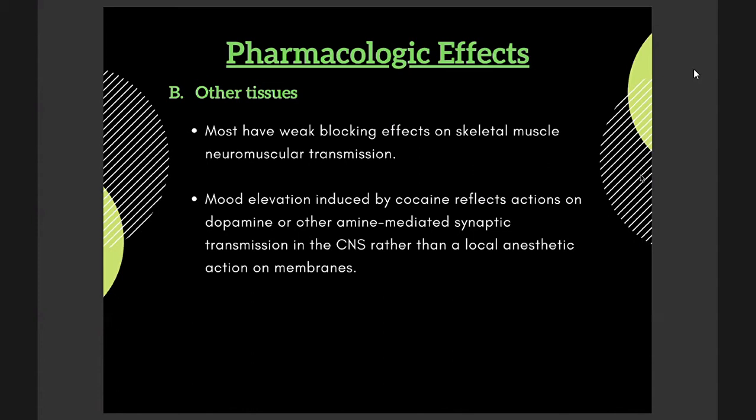Cocaine is no longer used today because of its untoward effects. It has the potential to cause addiction and abuse. But it is the first local anesthetic that was used clinically.